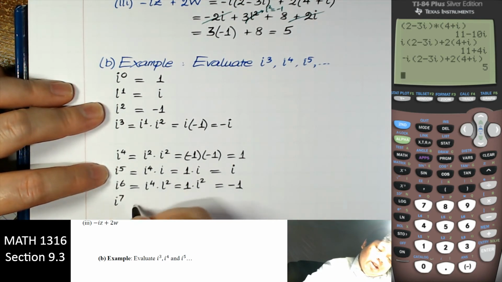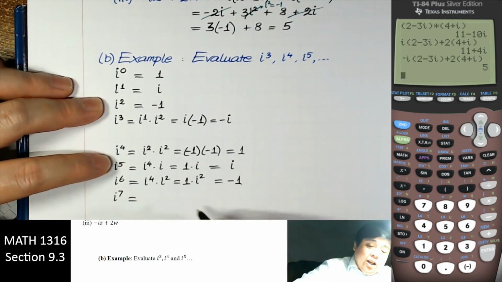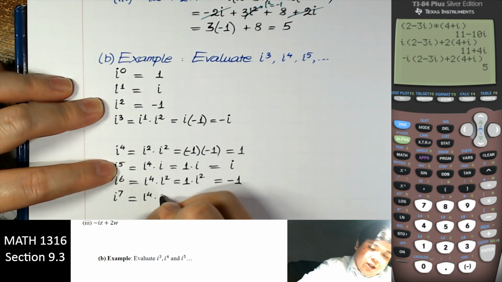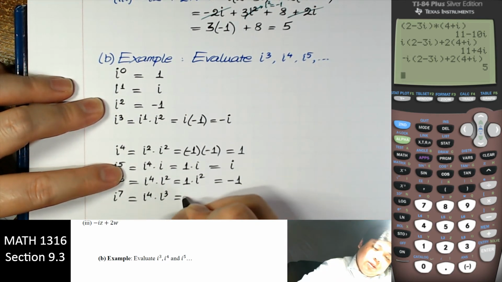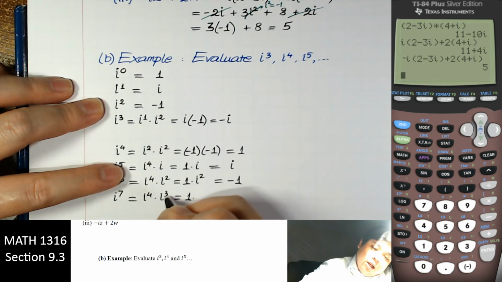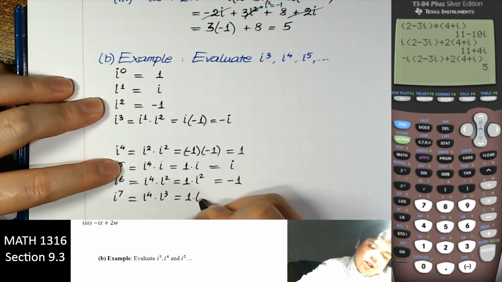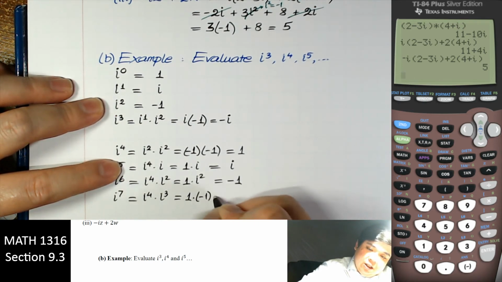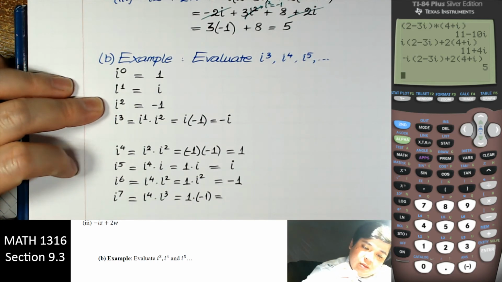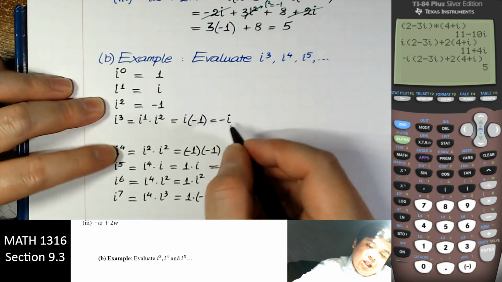And i to the seventh is i to the fourth times i cubed. i cubed is -i.